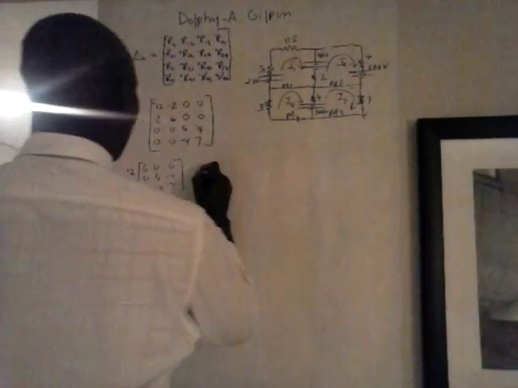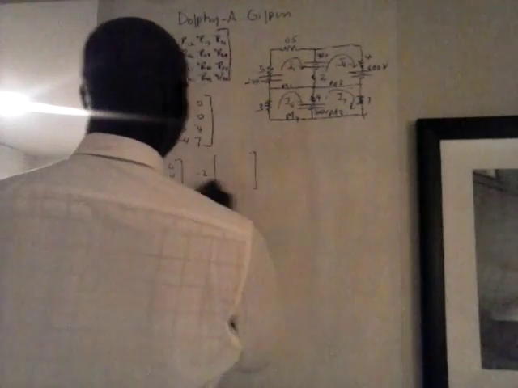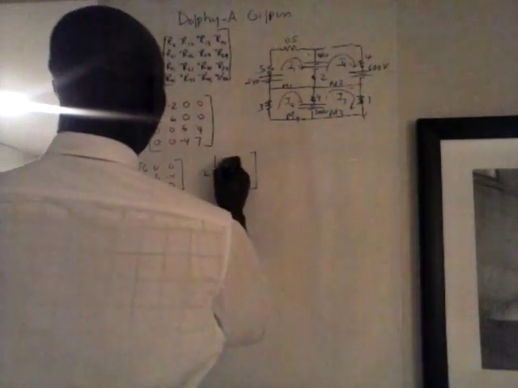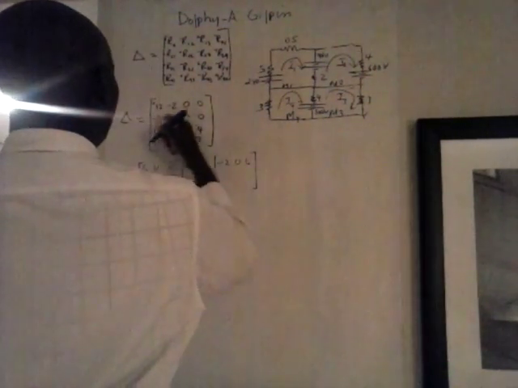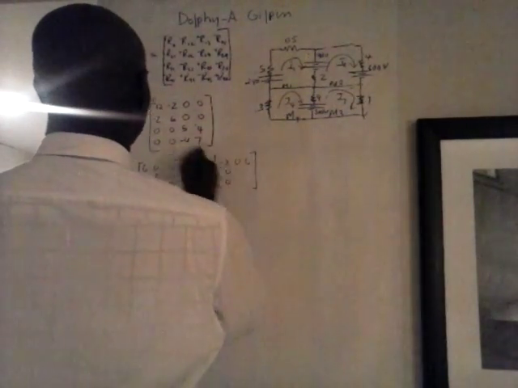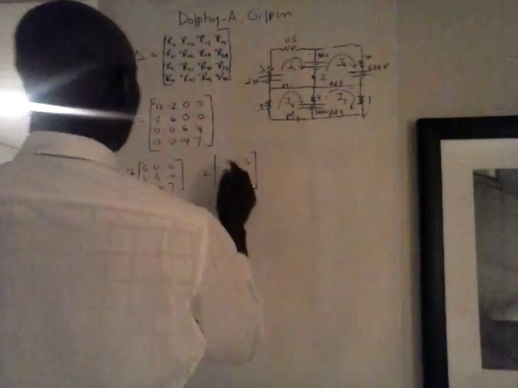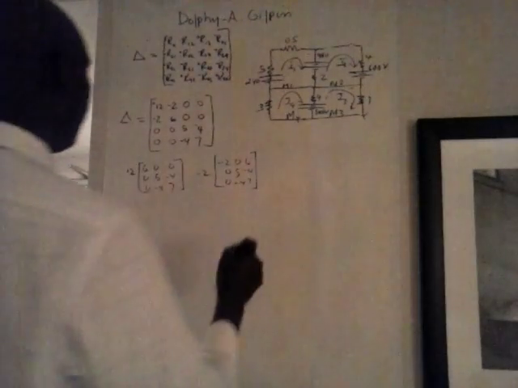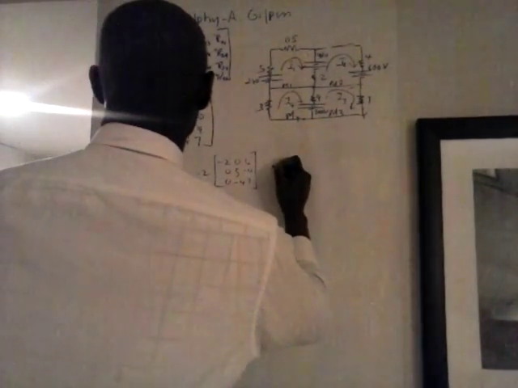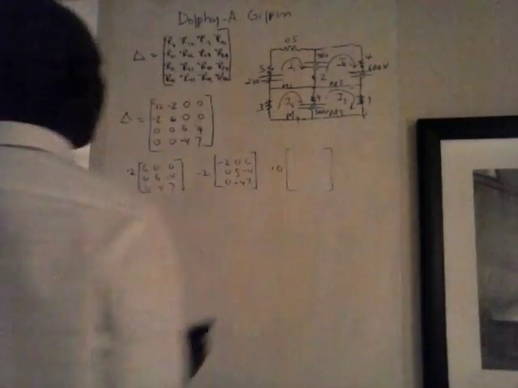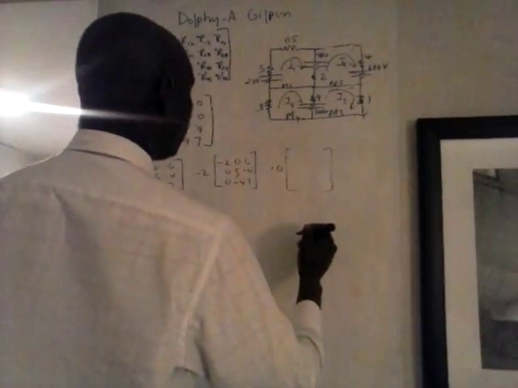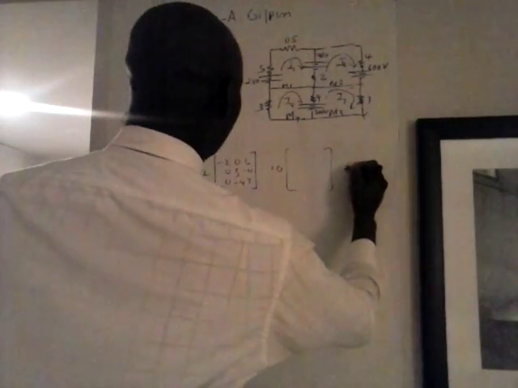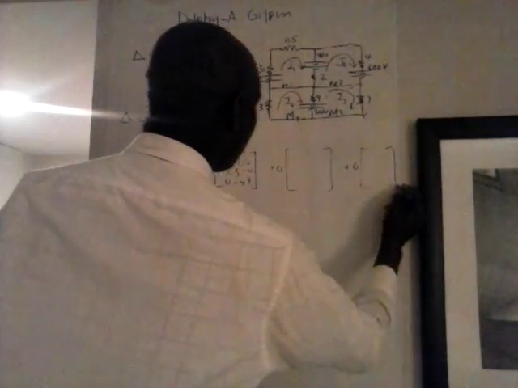And this would be now minus 2 into the determinant of minus 2, 0, 0, 2, 0, 0, 5, minus 4, minus 4, 7, and plus 0 into something which would make it 0, and another 0 into that.